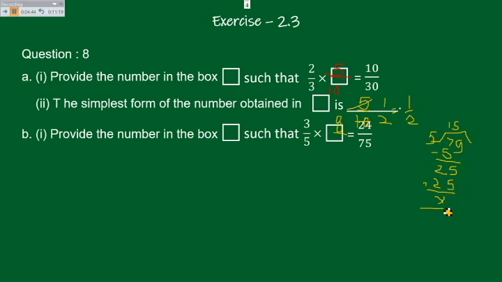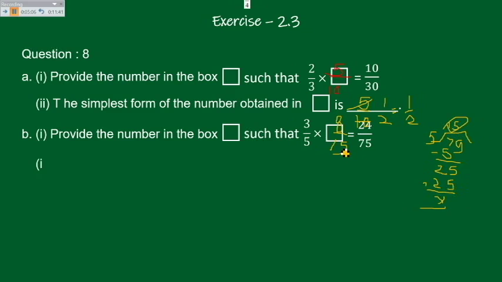So your answer is what? Your answer is 15. 3 8s are 24 and 5 15s are 75.